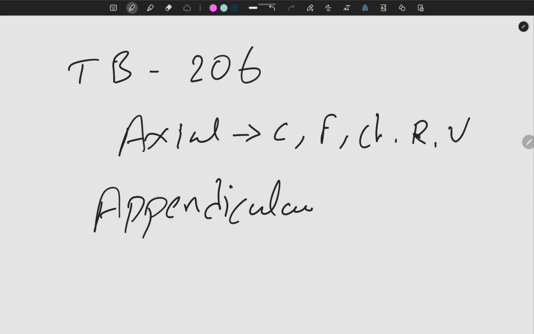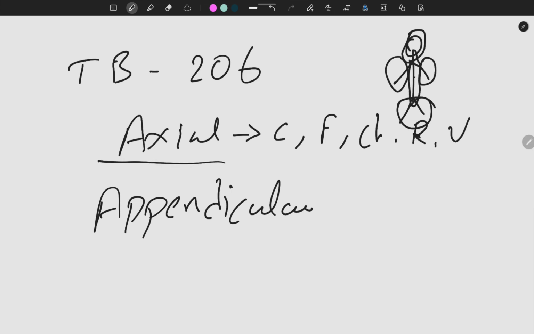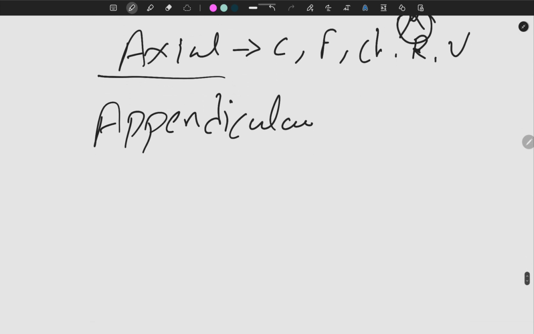If you think of the skeleton while avoiding the limbs, what we have is the skull, thorax and vertebrae. These are called the axial skeleton, the center part of the human body.